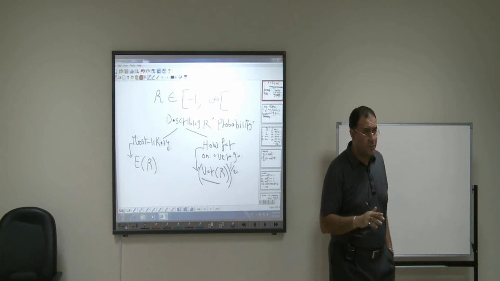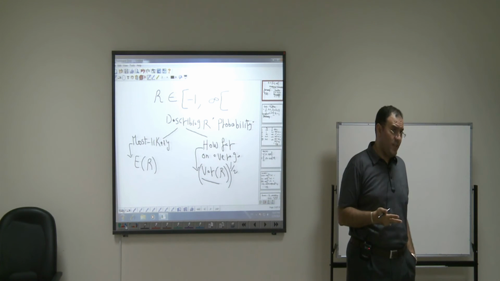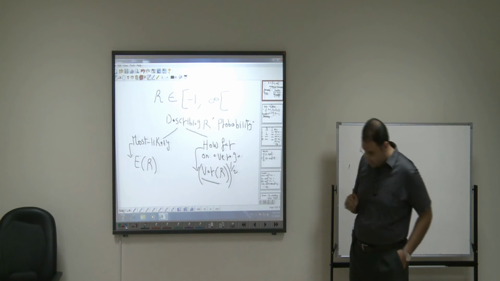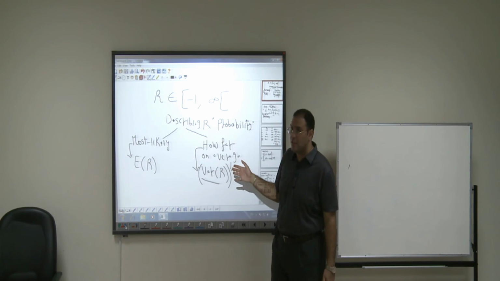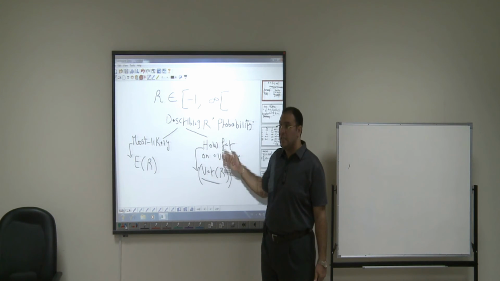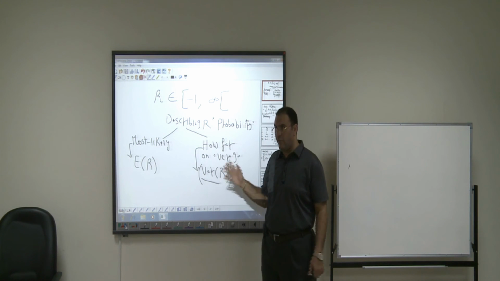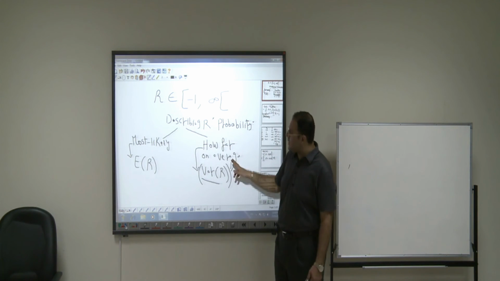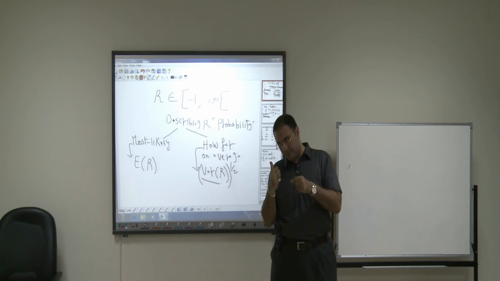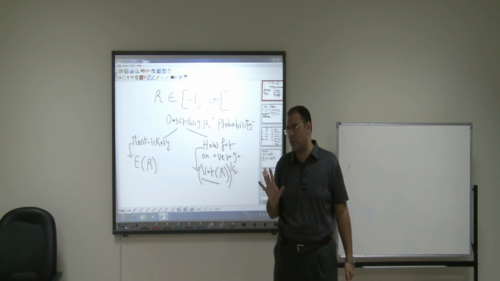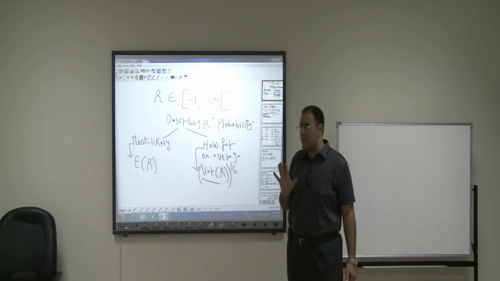We're going to be describing it probabilistically, with two statements. The first statement is what is the most likely. The second statement is how far on average. How are we going to be solving for how far on average? First, we have to solve for how far squared, and then take the square root.